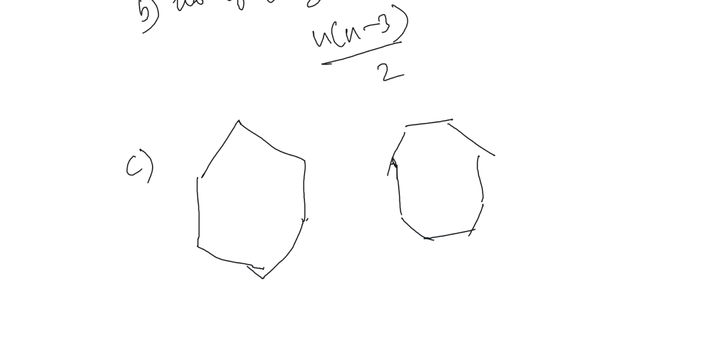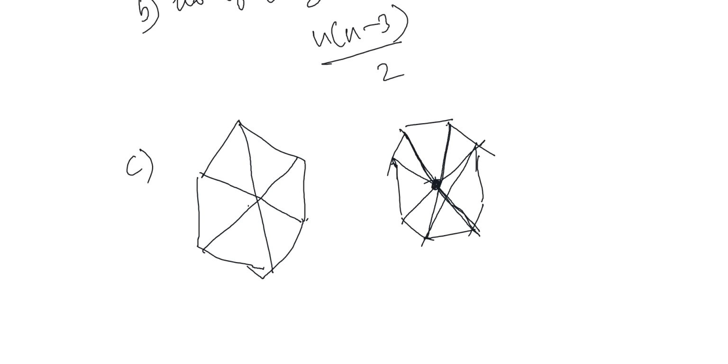Let's say this is an octagon and we join all its diagonals. There will always be a meeting point of diagonals, let's say this particular point. In a hexagon also, if we join this, then this, then this.